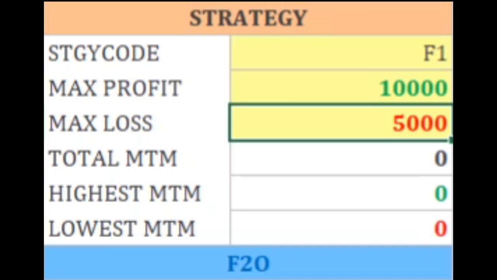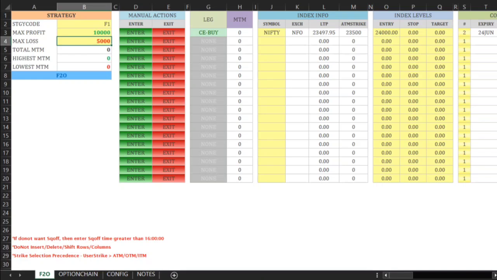Okay. Now regarding the strategy code input, it is meant for the Excel to distinguish between different sheets of F2O. Now you may get confused because by default there is just one sheet named F2O. But in case you want to have a different option strategy, then you could simply copy and paste another F2O sheet and rename it as you wish.